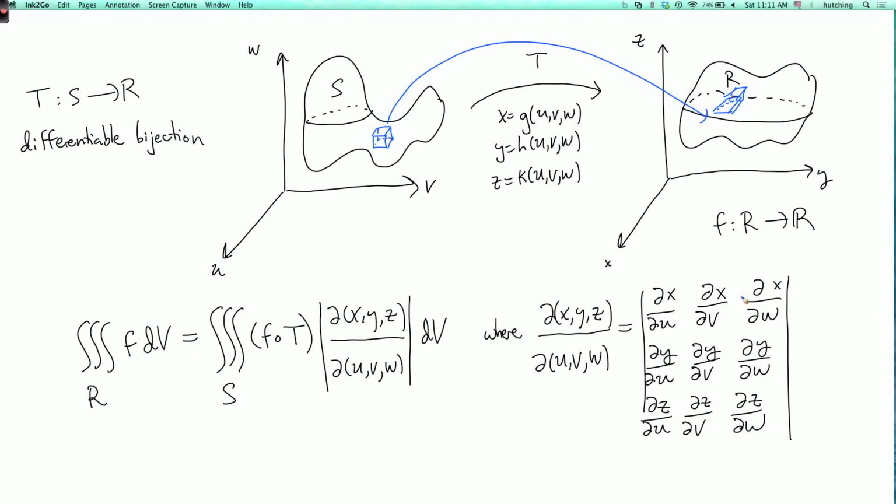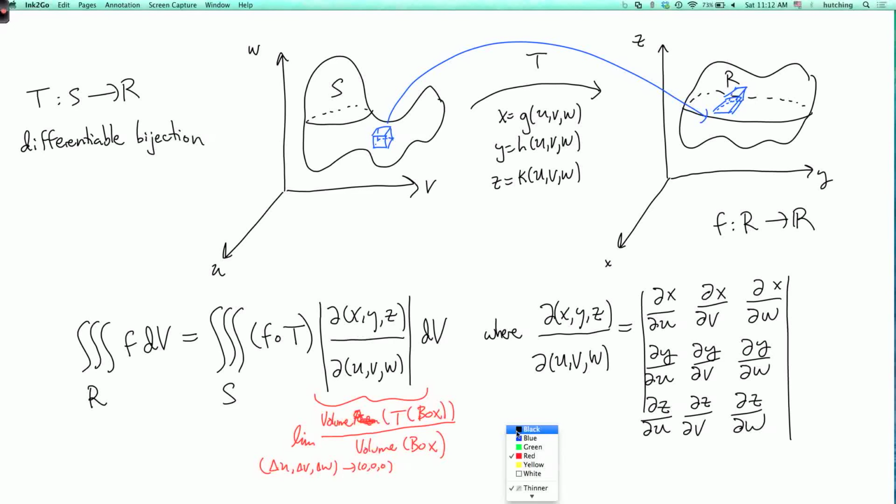And so when you take the absolute value of the Jacobian, then in the limit it's equal to the limit as delta u, delta v, and delta w go to 0 of the volume of T of the box divided by the volume of the box. Right, so this is completely analogous to the two-dimensional case.